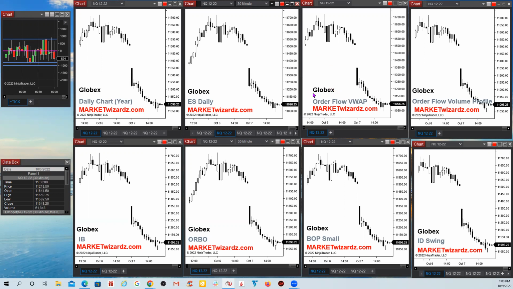Back to the NQ, here's where I keep my order flow VWAP. Here's where I keep my volume profile. Down here, I've got several of them that are a little redundant, but this one I keep my IB chart right here. And then I keep my gap chart right behind it. I've even got on my spreadsheets one page where I just show this whole setup.